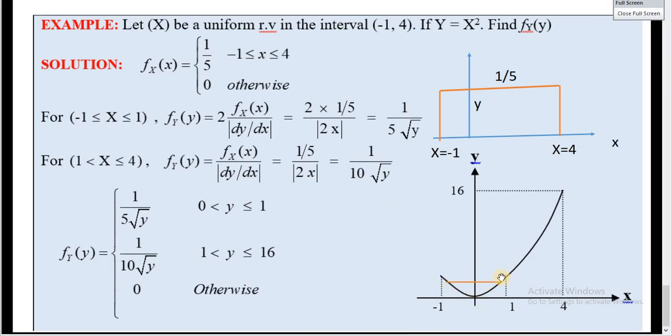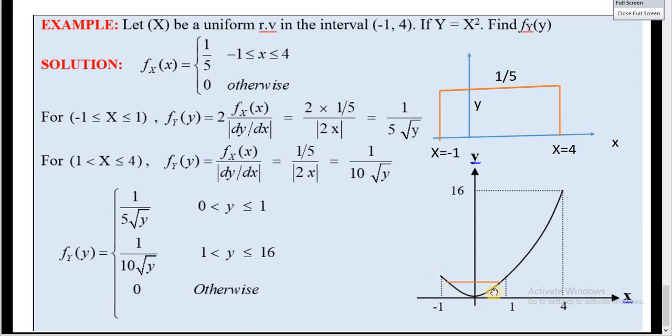So the solution to this example is a combination of previous examples. For this part between minus 1 and 1, we use a factor of 2. For this part between 1 and 4, we use only a factor of 1. So for x between minus 1 and 1, f sub y of y equals 2 times f of x divided by dy by dx.